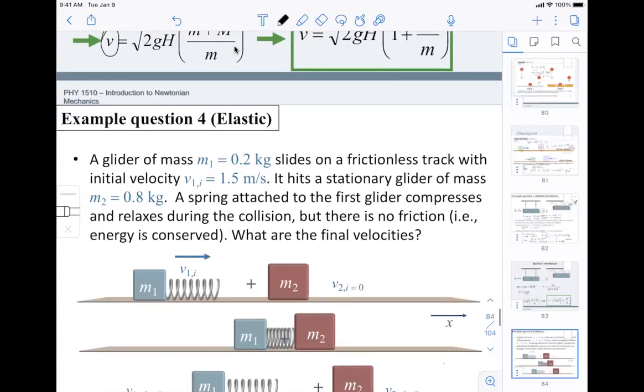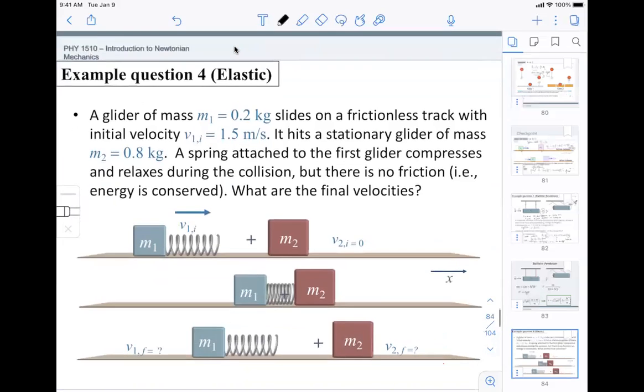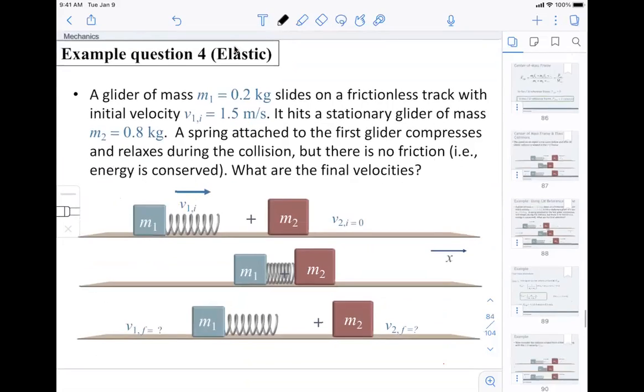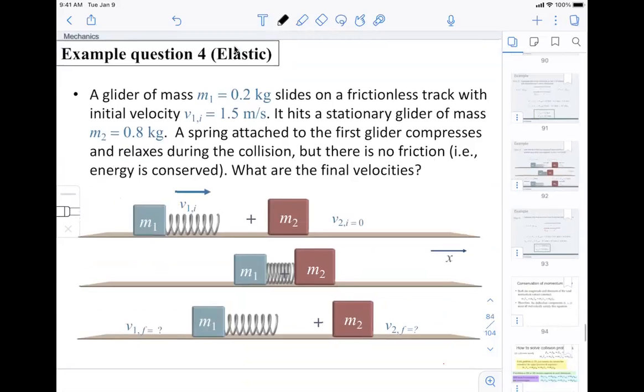For example, you have probably seen this on your pre-lecture. This is an elastic problem. I'm going to save this problem to the end, and we are going to discuss conservation of momentum in 2 dimensions first before we do this problem.